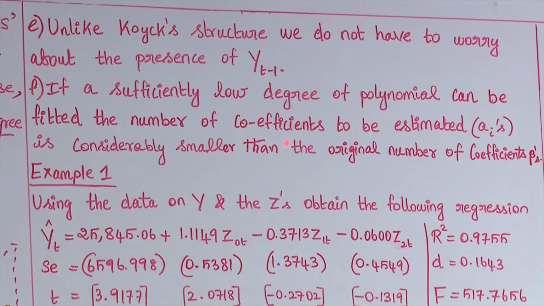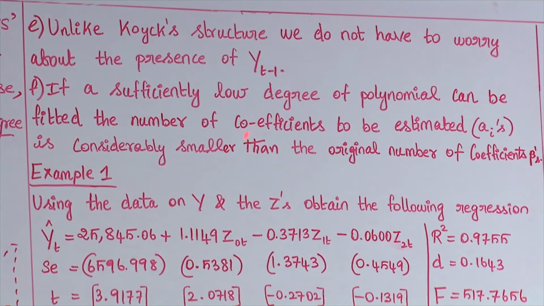Here, it can be handled with a sufficiently small degree of polynomial, because the degree of polynomial decides the number of coefficients to be estimated in the auxiliary equation, right? So if the degree is very low, the number of coefficients to be estimated in the auxiliary equation will be low. With that, the large number of coefficients found in the main equation can be estimated.